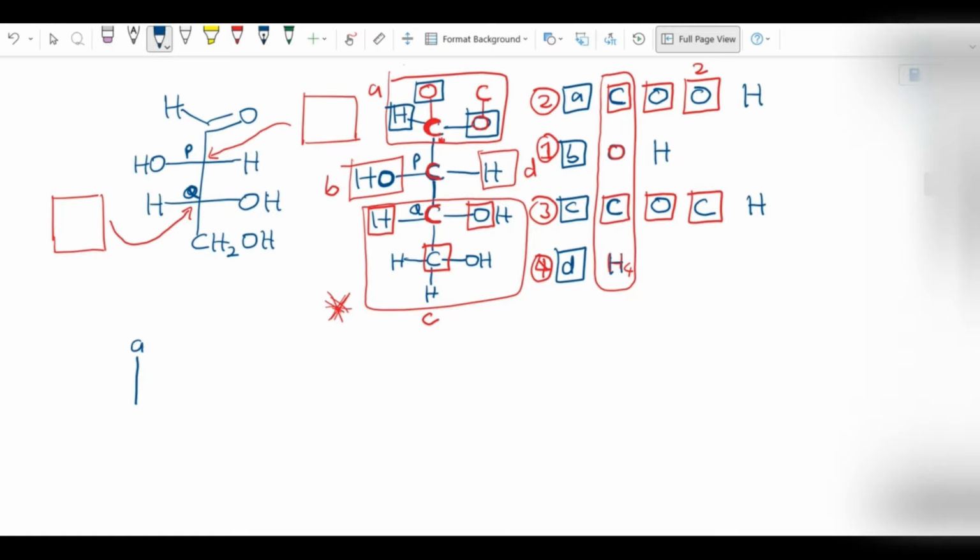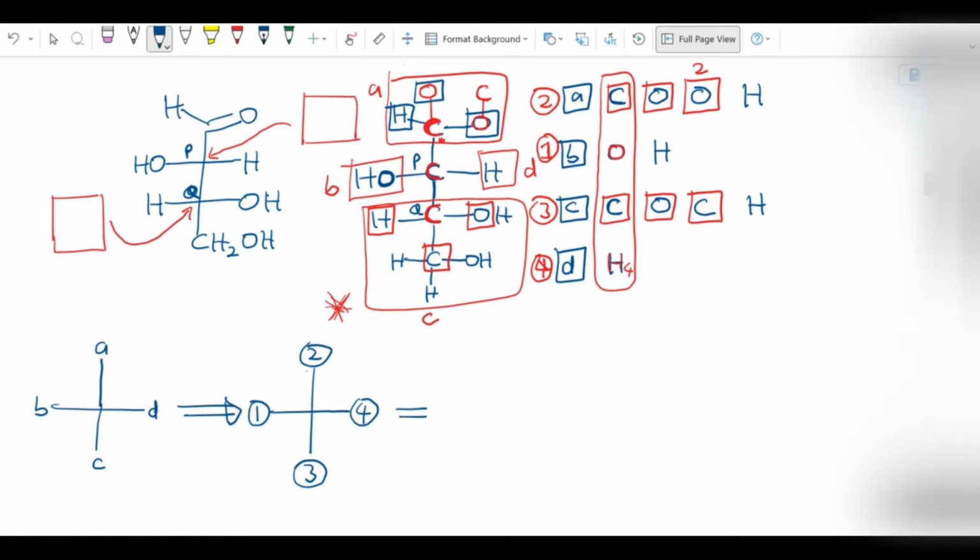So A is here, we have B here, we have C here, and then we have D. So I will redraw this based on the priority numbers. So we say that A is priority number 2, B gets priority number 1, C gets priority number 3, D gets priority number 4.